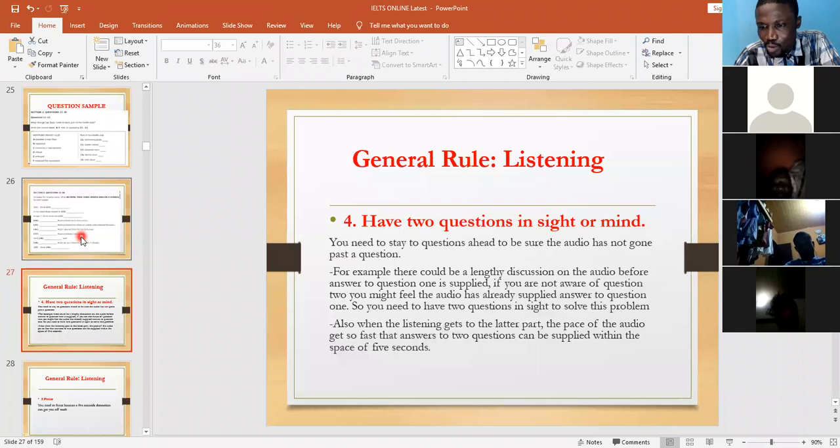While you are writing the answer to question 31, the answer to question 32 is being supplied. So that's why you need to be very conscious. They do not do it for questions within the space of 3 questions at a go, but they do it for 4 questions.